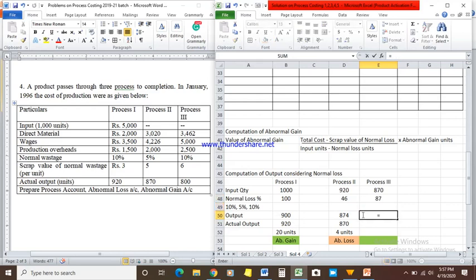Therefore the normal output should be 870 minus 87, which is 783 units, but the actual output that we got is 800 units. If the actual output is more than the normal output, it is again called an abnormal gain. So 800 minus 783, we have received in all 17 units more. So these 17 units happen to be your abnormal gain.